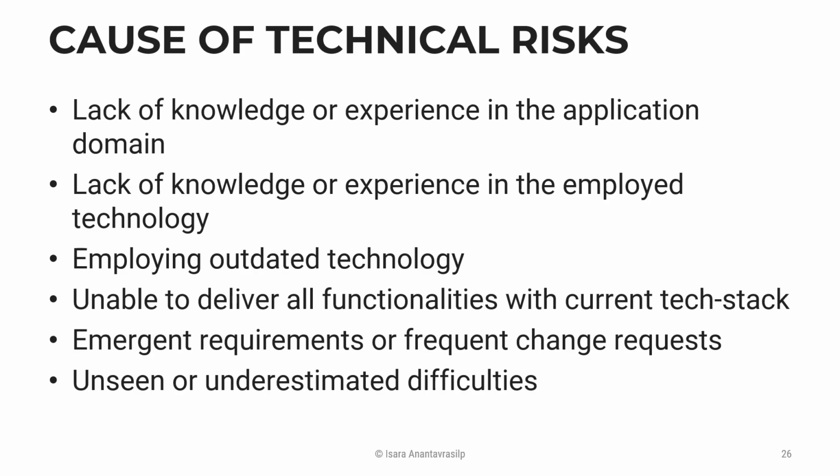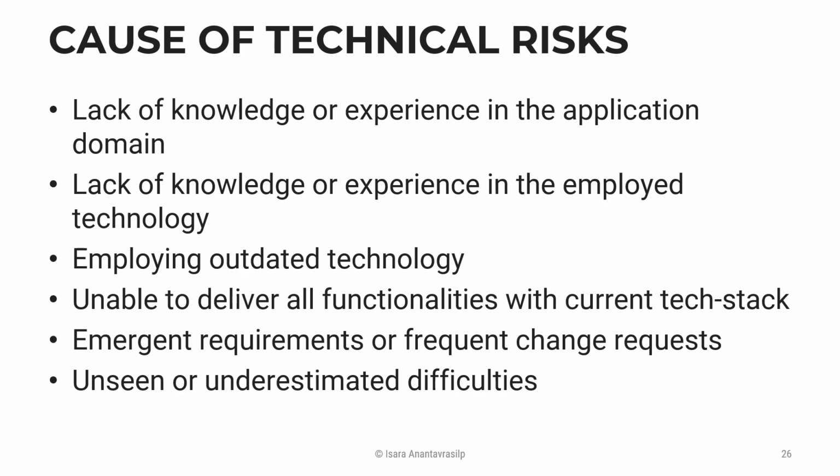Or it could be that your tech stack, the choice of tools you're using, doesn't work with the task at hand. So basically, they cannot deliver the task properly. And again, emergent requirements and changes in the requirements, and again, this costs a lot. I mentioned emergent requirements many times, if you may recall. Why?